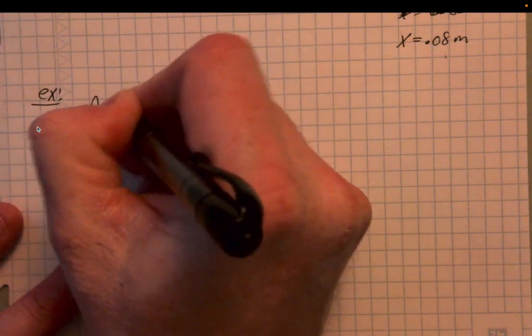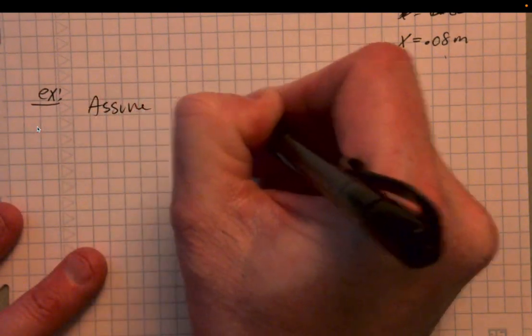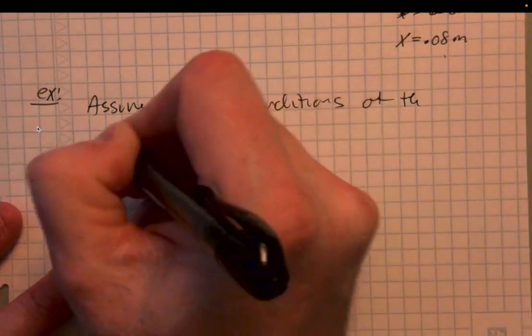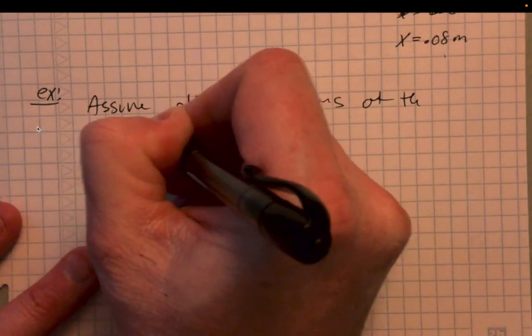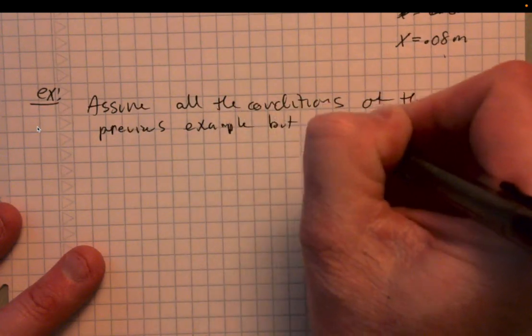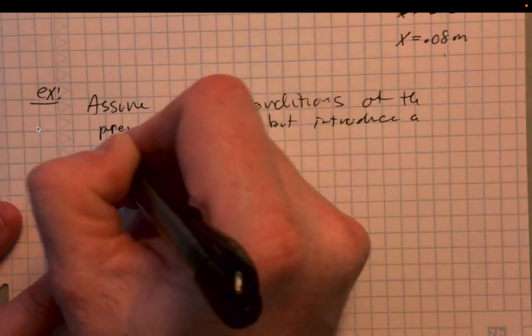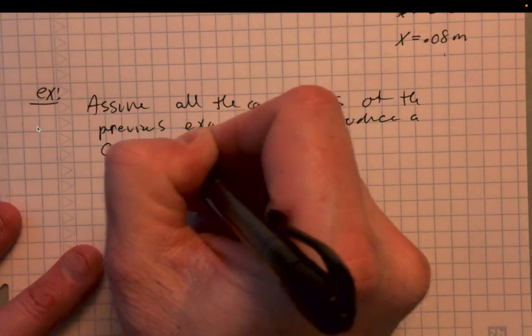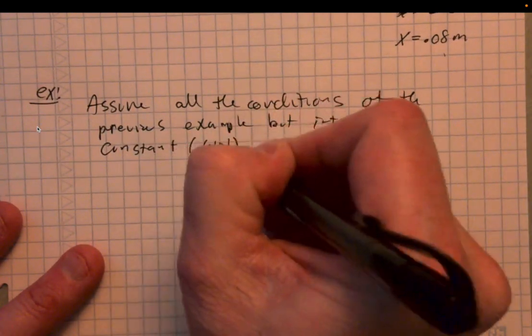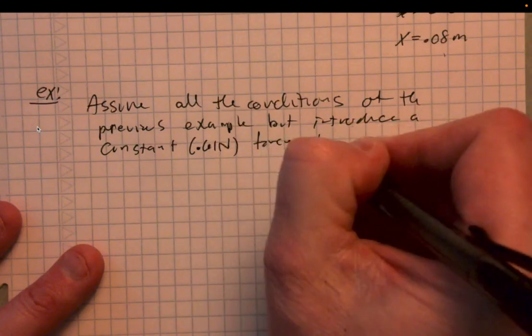So assume all the conditions of the previous example, but introduce a constant 0.61 newtons force to the right.